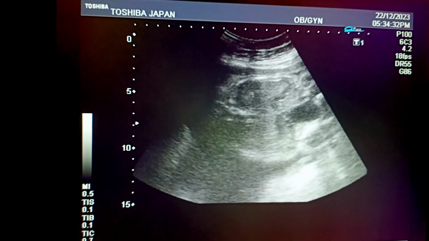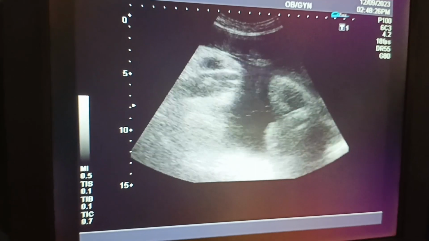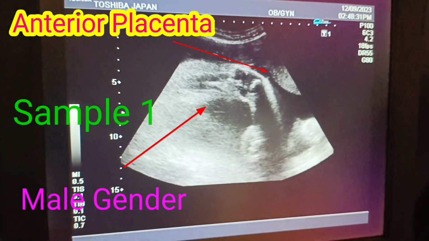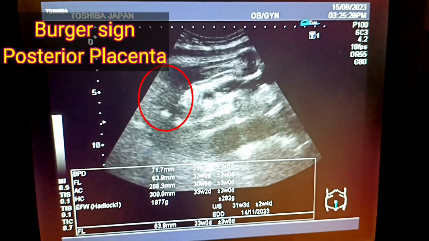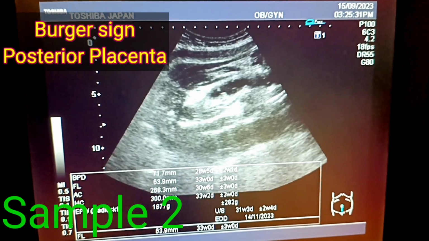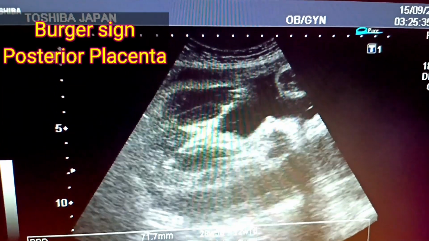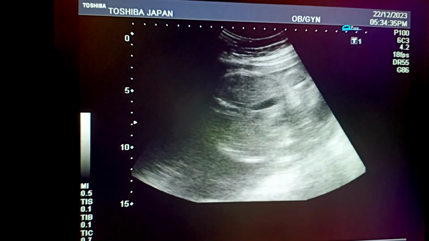In this live case, there is a low-lying placenta and the gender is most likely male. This is another video showing an anterior placenta, but the gender you can see is male. This is another video that shows female gender and the placenta is in the posterior position. So placental position does not affect the gender.